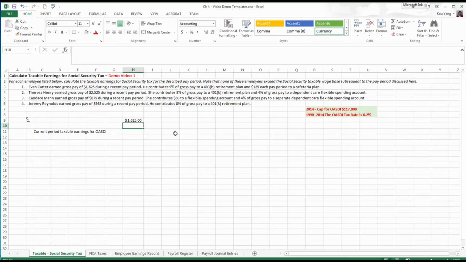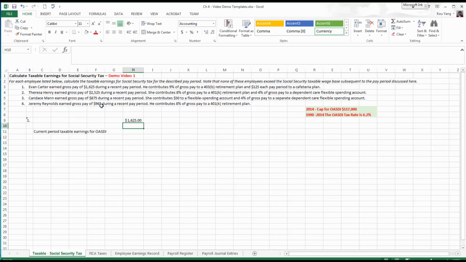Okay. And under Social Security tax or OASDI taxes, remember that retirement plan contributions such as 401ks and 403b plans are taxable for Social Security taxes, and should not be subtracted from gross pay when we are considering the taxable earnings.